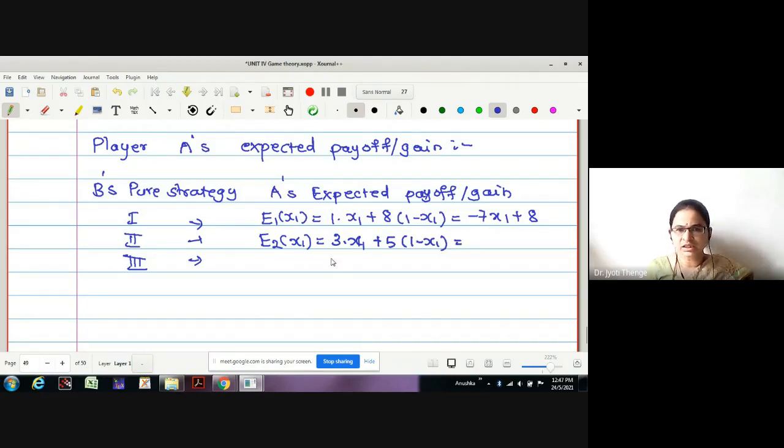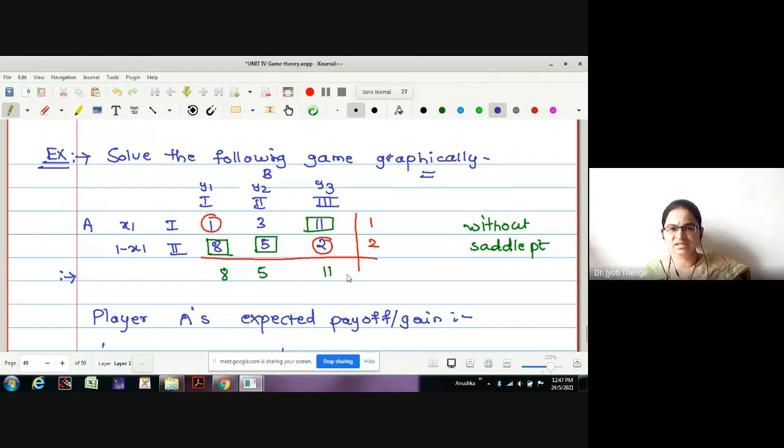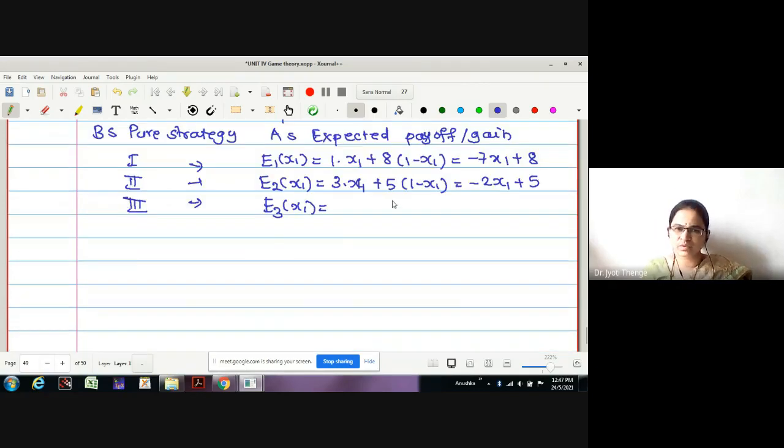What is the entry? 3 minus 5, minus 2x1 plus 5. What is the third expected gain? If B chooses to play the third strategy, it's 11x1 plus 2 into 1 minus x1. So what is the value? 11 minus 2, this is plus 9x1 plus 2.